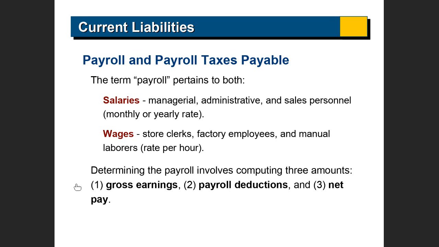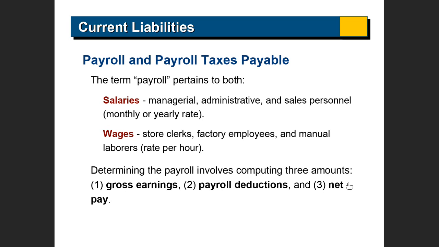The other $2 goes to the government directly. Are you following? Automatically. So that is called the payroll deduction, right? $2 deducted from the 10, and then you have the net pay, which is 8, right? This is the tax. Who's paying this tax? From whose pocket this tax is coming? The employee, right? The employee.